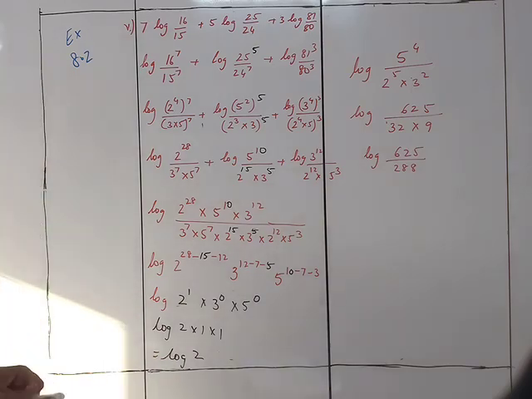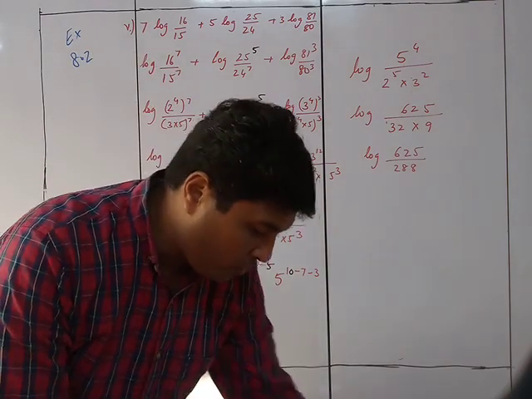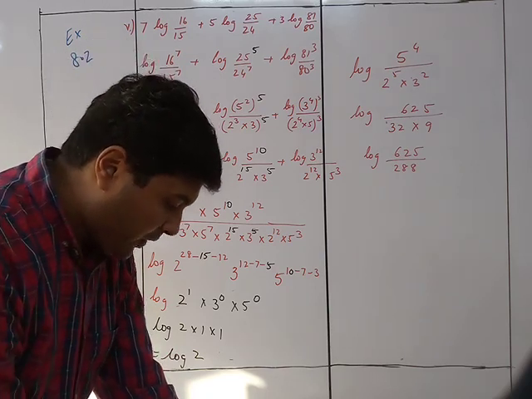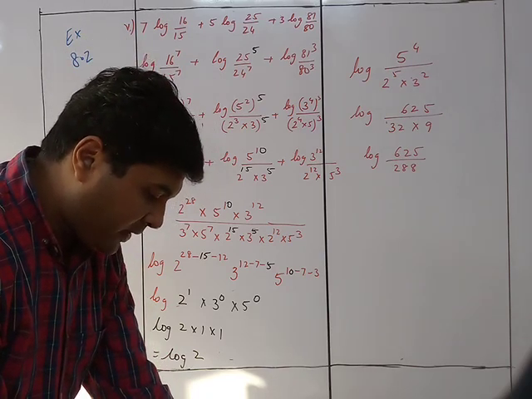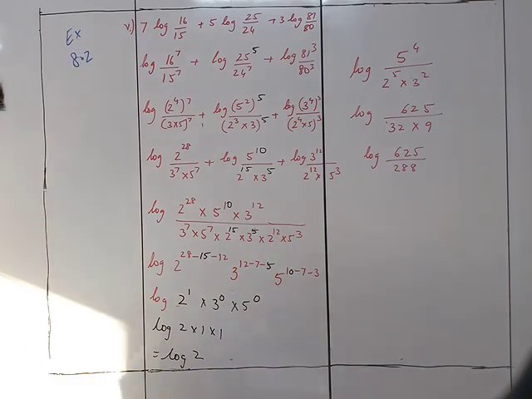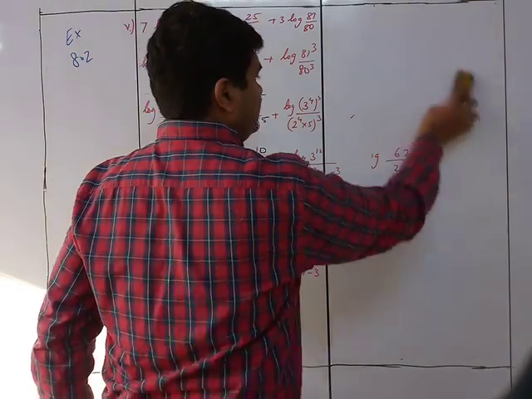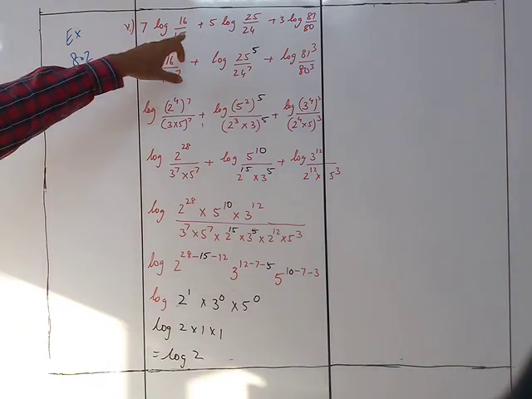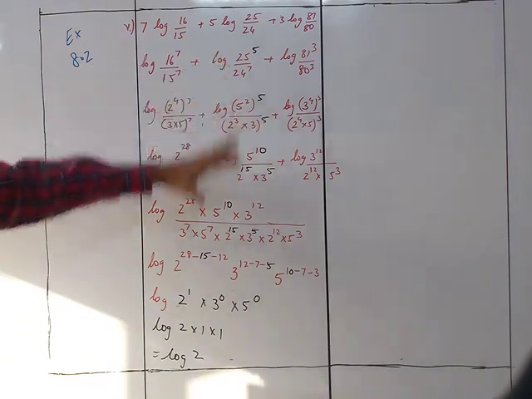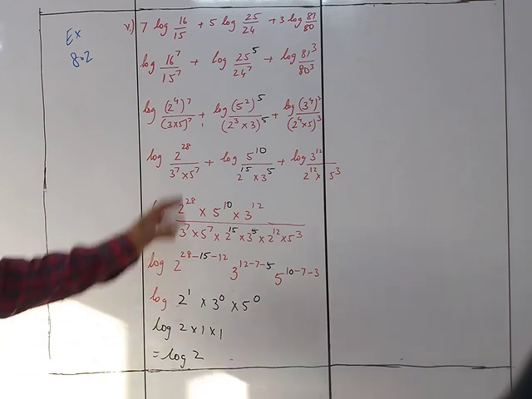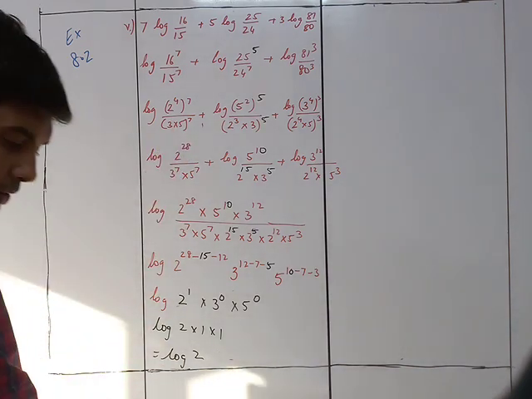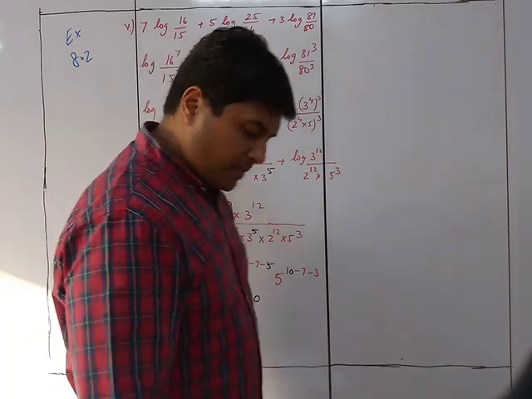So that's the answer to the fifth sum, log of 2. That's the answer. It was a simple error over here; you need to change this thing properly. Check this out. So the answer is log of 2. So that was it for these sums.